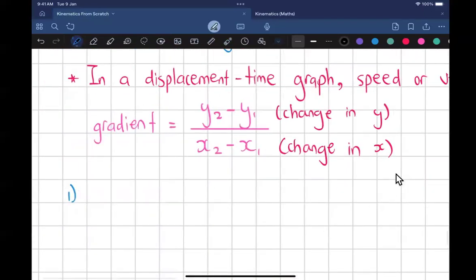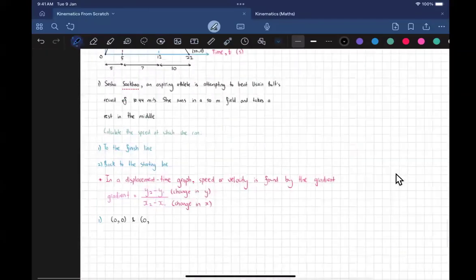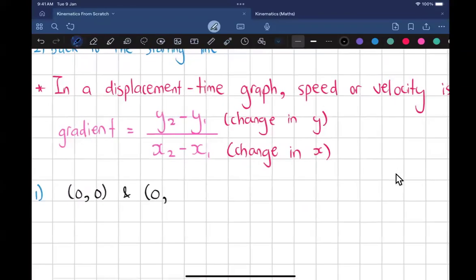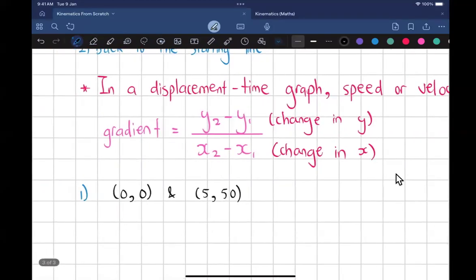So doing this in the mathematically proper way, we have the points 0 comma 0 and 5 comma 50. Haley, I needed to pick a point, right?